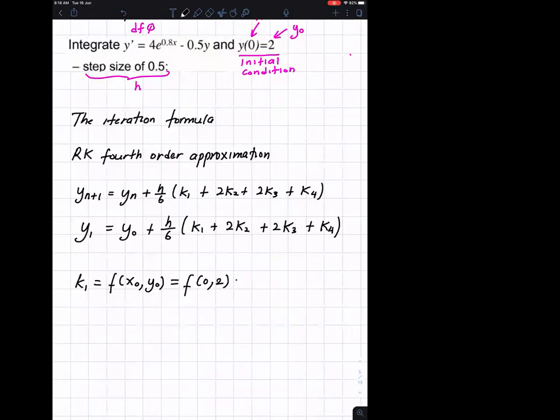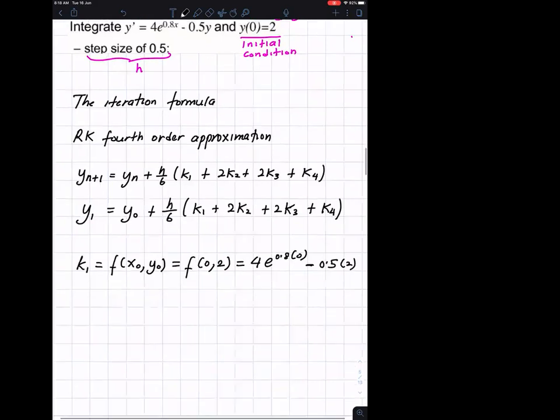You plug that into the differential equation, which is 4 e to the 0.8 x minus 0.5 y, with x value 0 and y value 2. If we calculate that, K1 will be equal to 3.